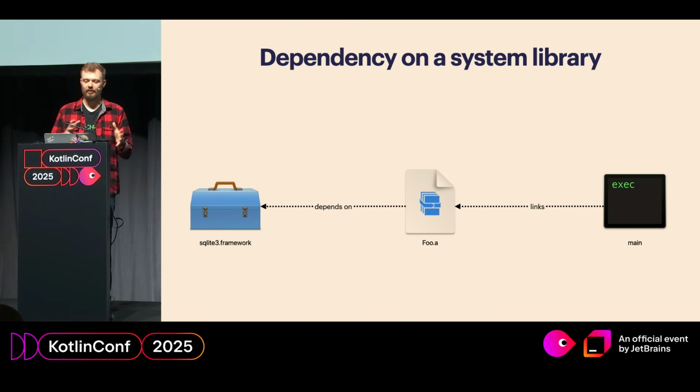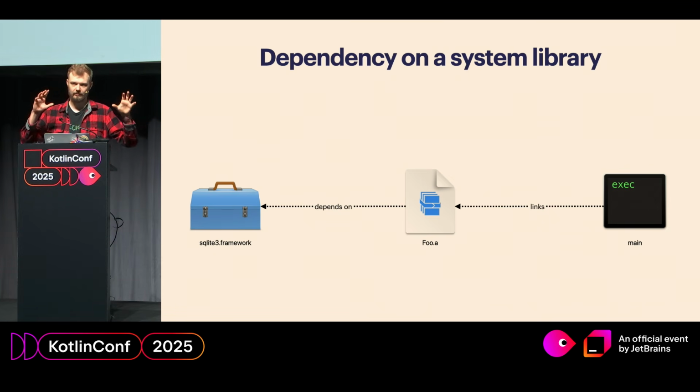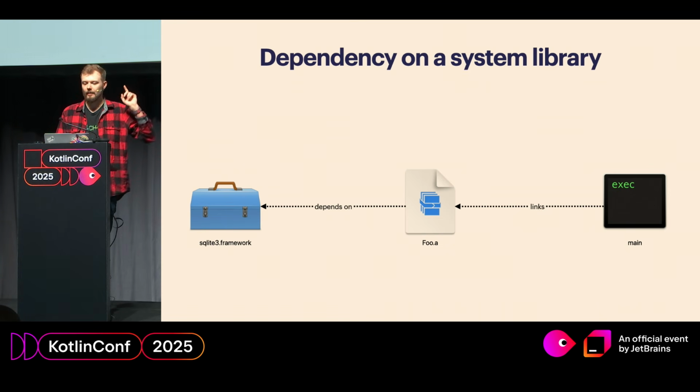Another issue that we often see is when you depend on any system library. Here I called out SQLite directly, because it's usually the library that this happens with. So in the last step, we decided, OK, we're going to be actually building our Kotlin as a static framework, so that we don't have that pesky issue.